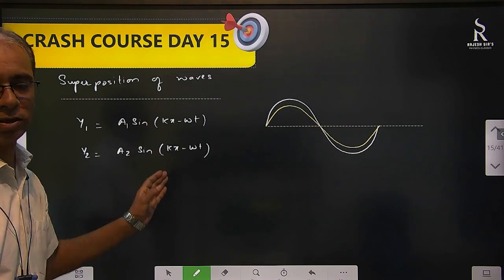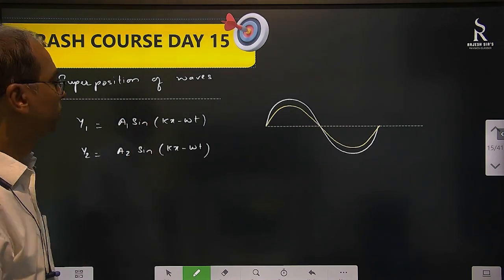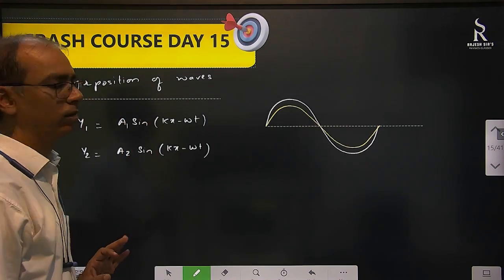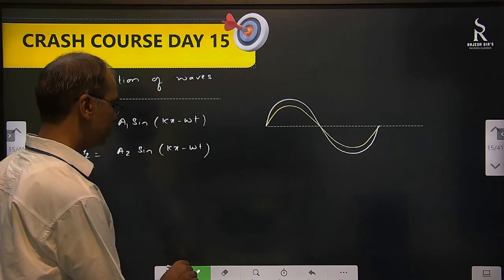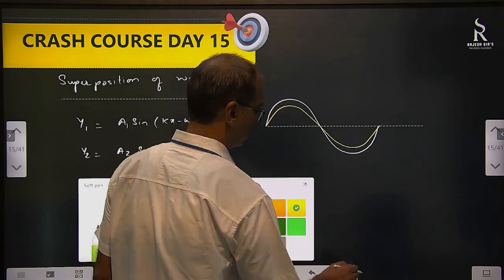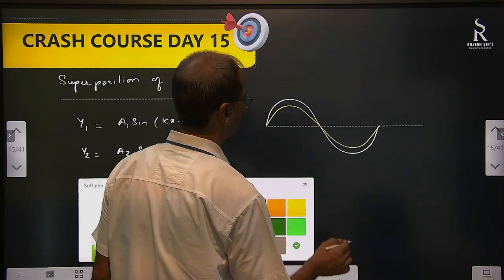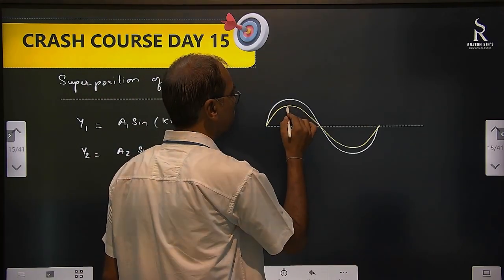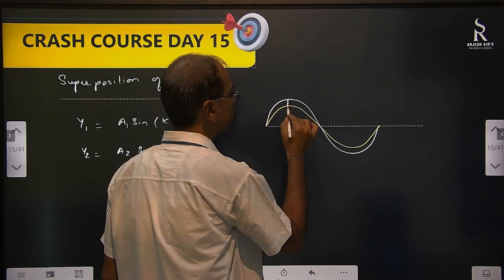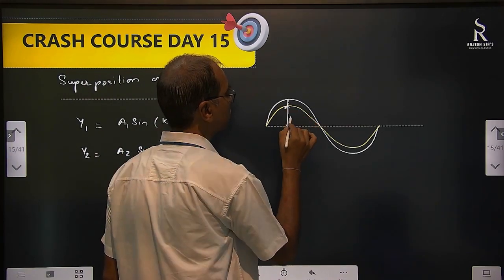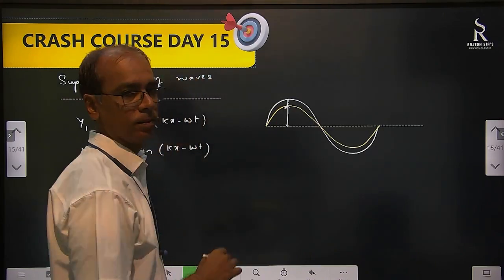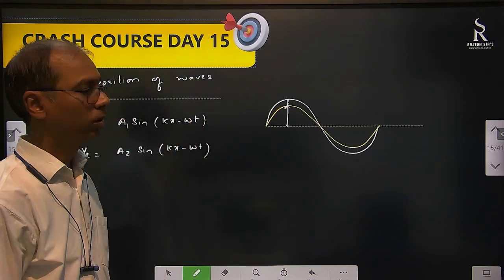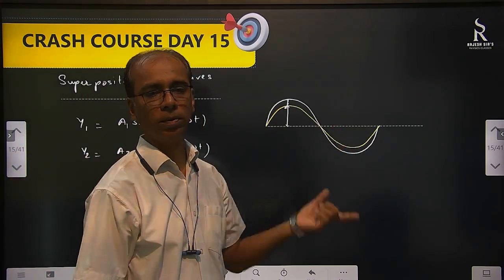Same, no? kx minus omega t, kx minus omega t. So frequency is also same, wavelength is also same, everything is same. But what is different? A1 and A2. So what happens when you do superposition? Their amplitudes, this is A1 and this is A2, are going to add. So resultant amplitude here will become A1 plus A2, here also A1 plus A2.